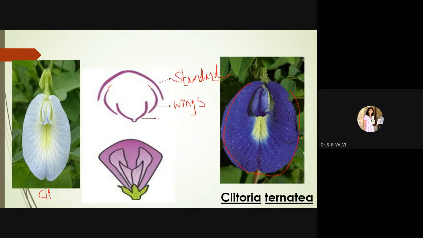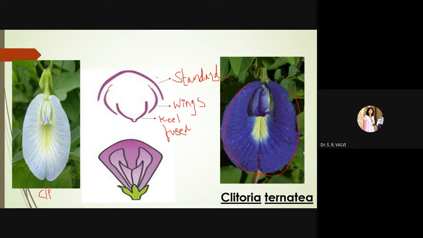And this one is called the keel, K-E-E-L, right? So the keel petals are fused, and the wings and standard are separate, right? Hence this also comes under the gamo condition. So here one is standard, two are wings and two are keel.